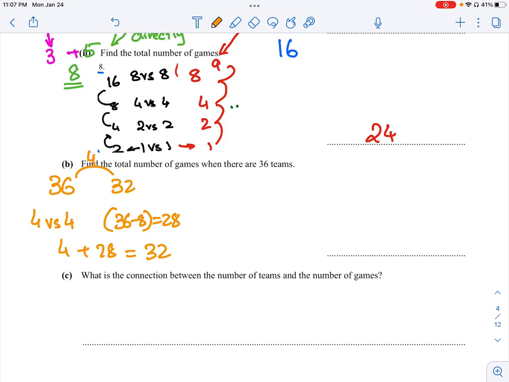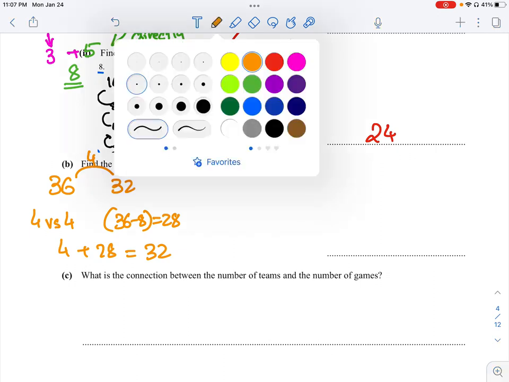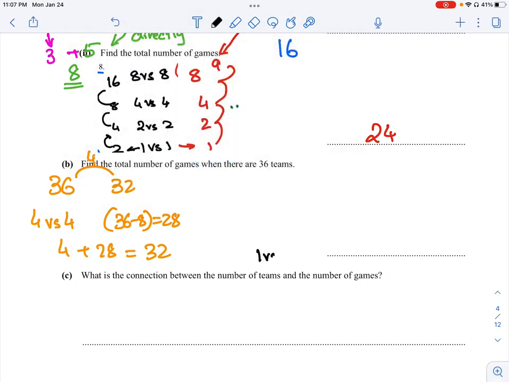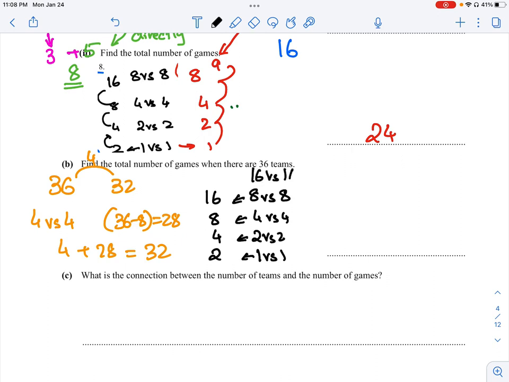Now, total number of games when there are 32 teams. We use the same pattern: 1 versus 1 when 2 teams are there, 2 versus 2 when there are 4 teams, 4 versus 4 when there are 8 teams, 8 versus 8 when there are 16 teams, 16 versus 16 when there are 32 teams.